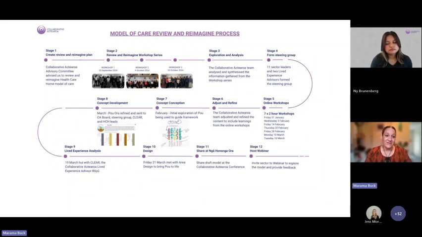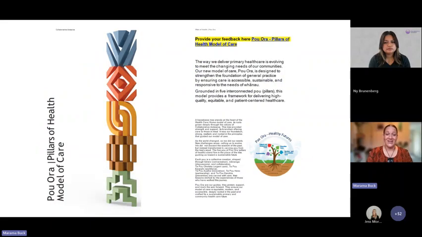We then met with lived experience again to ensure that it would meet the needs of people who are using our services, and then kept tutuing, playing around, and then we sent it off to the printer, to the designer, to get to this place, which is our Pou Ora Pillars of Health model of care.